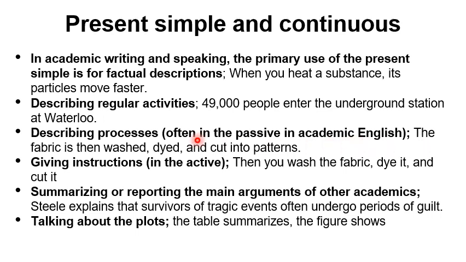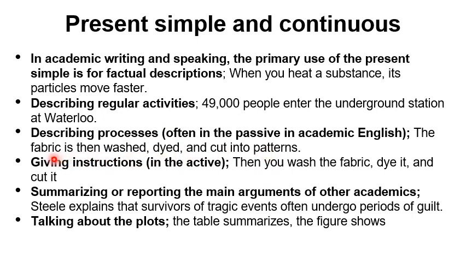the process of dyeing a fabric can be written in this way: the fabric is then washed, dyed, and cut into patterns. Thus, the fabric is first washed, and then dyed, and then cut.